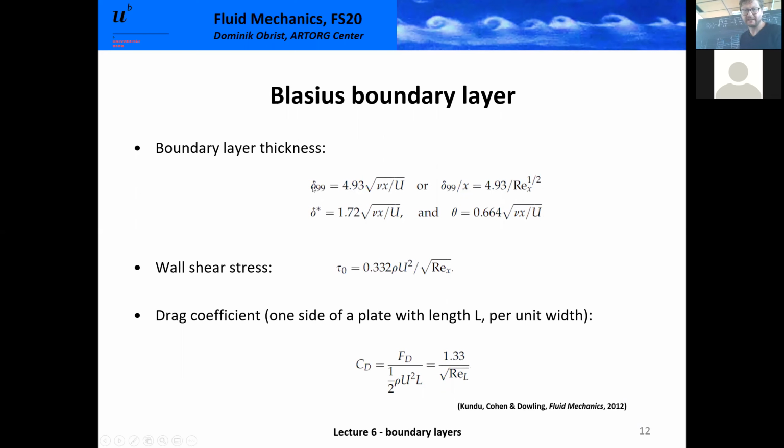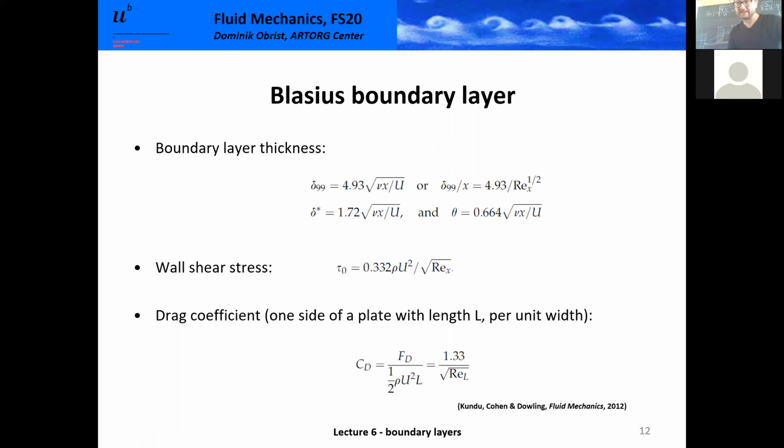We see here, delta 99 is 4.93 times the original delta, or you can also express this in a non-dimensional way with the square root of Reynolds X. This is the expression for the displacement thickness, also given as 1.72 times the original delta, and here is the momentum thickness.